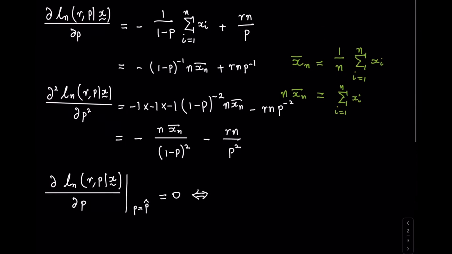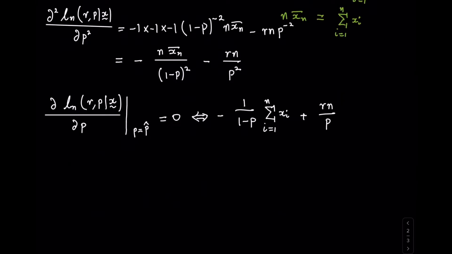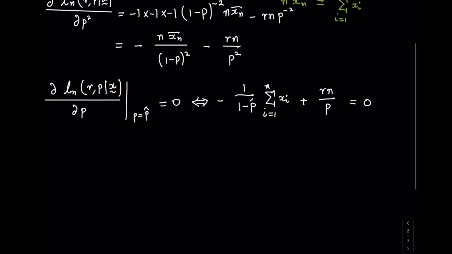This means that going back to this particular expression, paste that in there, the sum of so and so is equal to 0. Putting p hats, of course, now in our first derivative of the log likelihood function, let's do some rearranging.